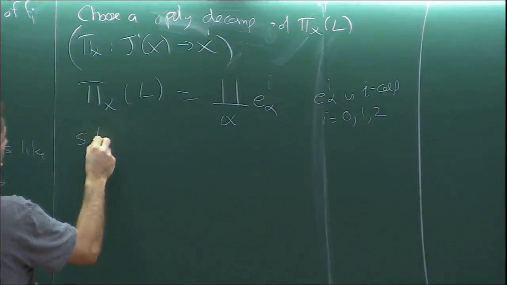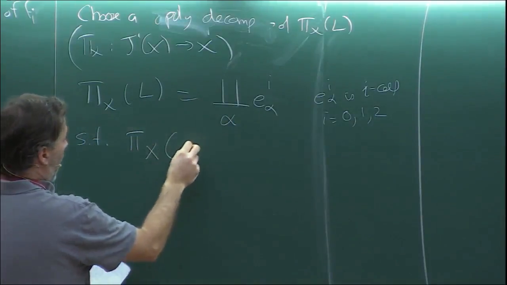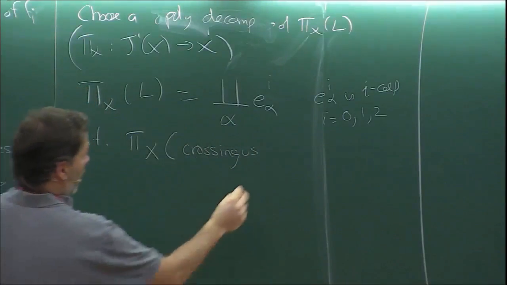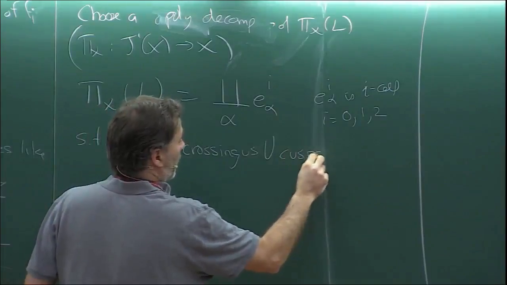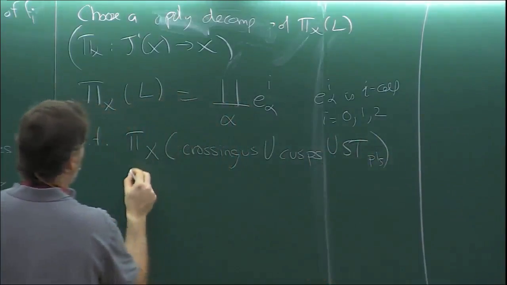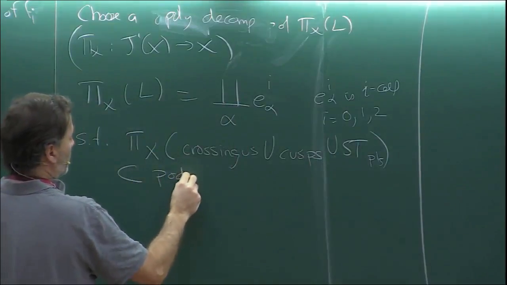Such that if you look at all the crossings, cusps, and swallowtail points, they're in this polygonal decomposition.